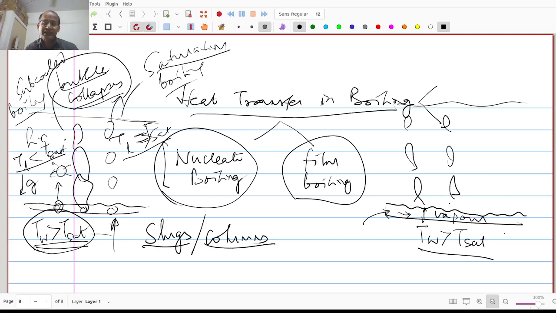For the same heat flux or a reduced heat flux, the wall temperature increases. Okay. So this is what we call film boiling.